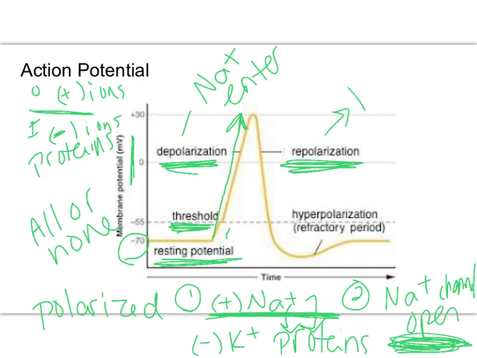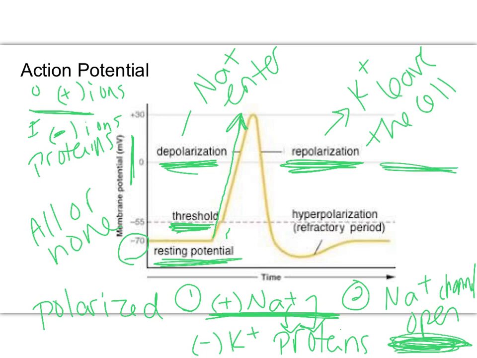And so to do that, potassium is going to leave the cell. And this will work because just like sodium, potassium has a positive charge. So potassium will leave the cell, and that will electrically reset the cell. The cell will go back to being more negative on the inside and more positive on the outside.